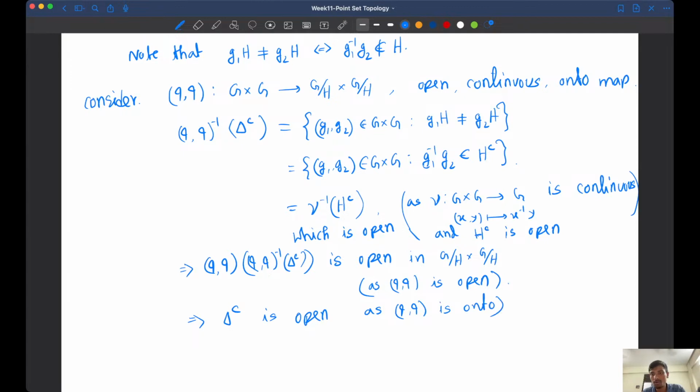Whenever you have an onto map, Q of Q inverse of A is A, right? So the same thing I am using here, since this Q comma Q is onto. So once delta complement is open, this implies delta is closed, and once this is closed, this implies G mod H is also open. Clear? Any question or any confusion?